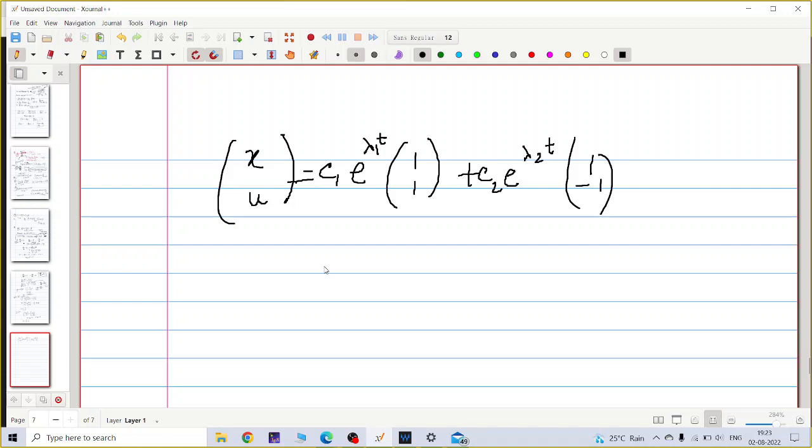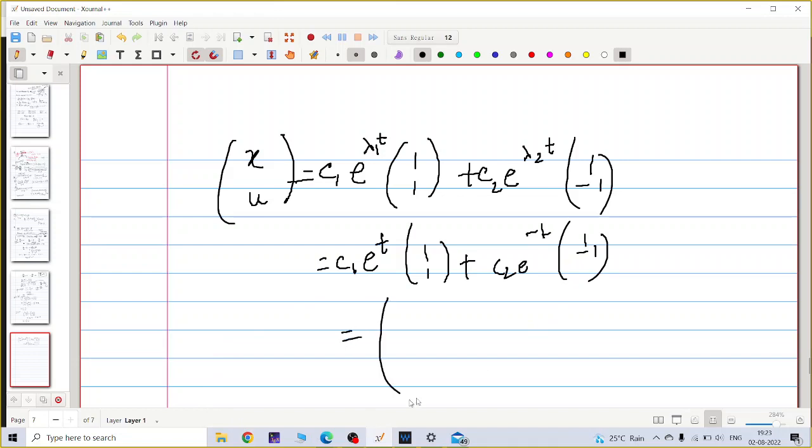Lambda 1 is 1 and lambda 2 is minus 1. So c1 e power t into 1 comma 1 plus c2 e power minus t into 1 comma minus 1. So it is c1 e power t plus c2 e power minus t, and c1 e power t minus c2 e power minus t, right?